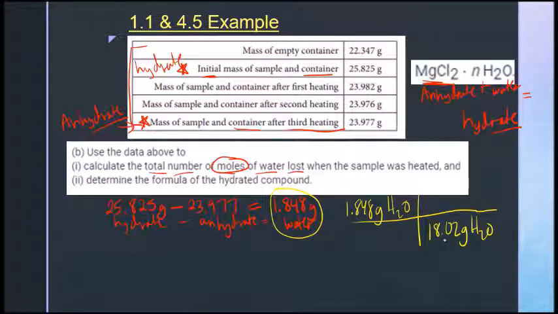Use your periodic table if you don't have that one memorized. That equals 1 mole of water. And then we calculate with our calculator here, and we get 0.1026 moles of water.